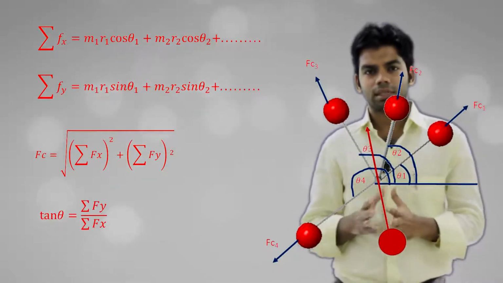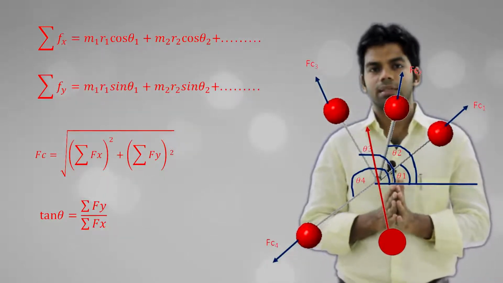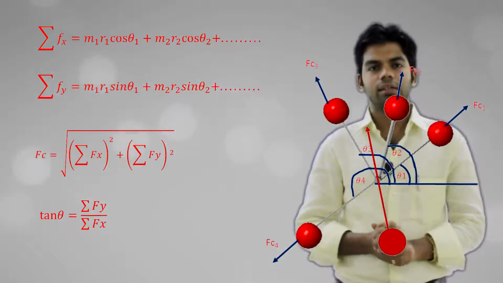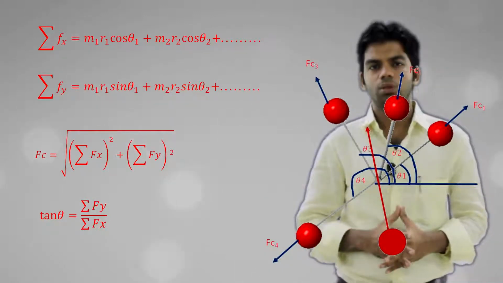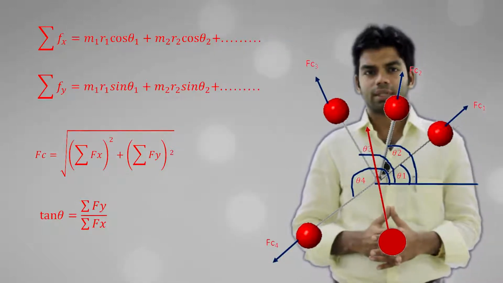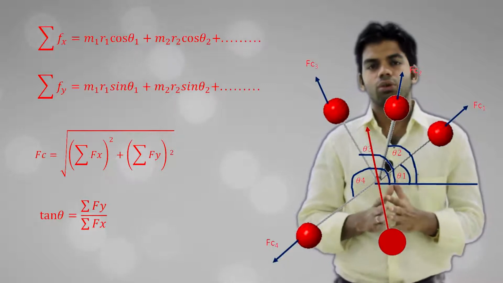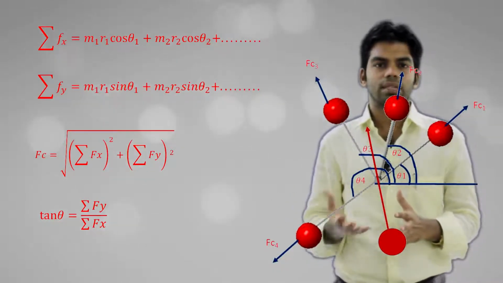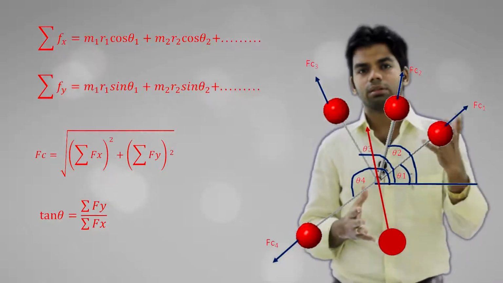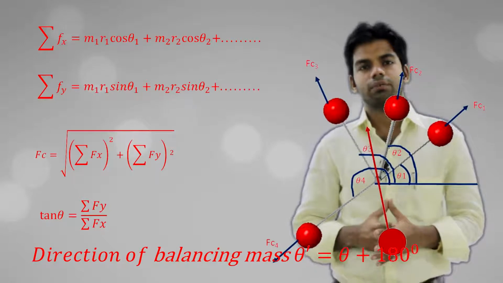The resultant of unbalanced masses will have the direction tan theta equal to summation of Fy by summation of Fx. Now theta dash, the direction of balancing mass, as I told you, is at an angle 180 degree from the resultant of unbalanced mass. So theta dash will be equal to theta plus 180 degree.